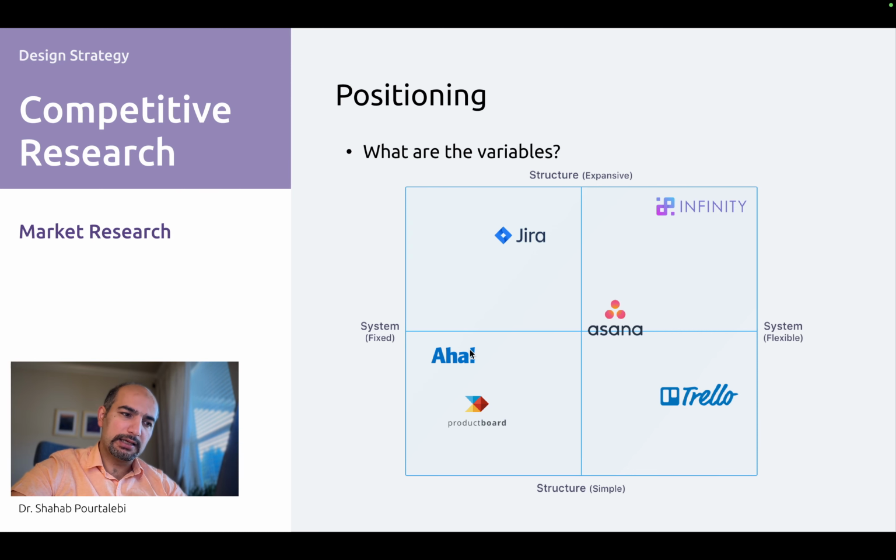And again, in this example, on the other dimension, the horizontal axis, we have fixed system and flexible system, like how customizable your system is. Trello is absolutely customizable, but on the other hand, Aha is not that customizable. Its features are fixed and the user wouldn't be able to change them.